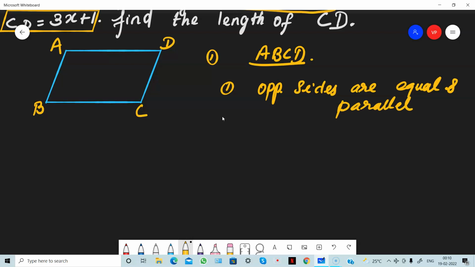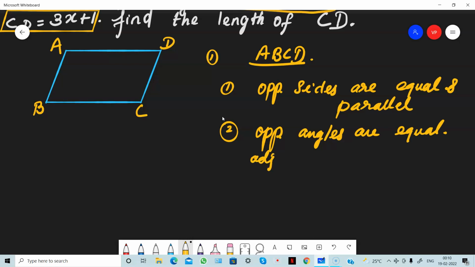The second one: what do you know about all the angles? Opposite angles are equal. Then adjacent angles are supplementary.